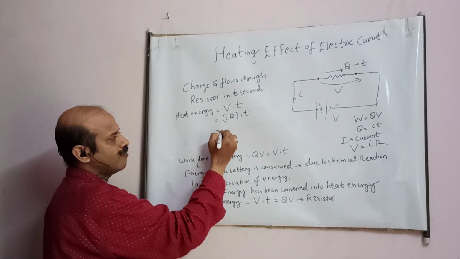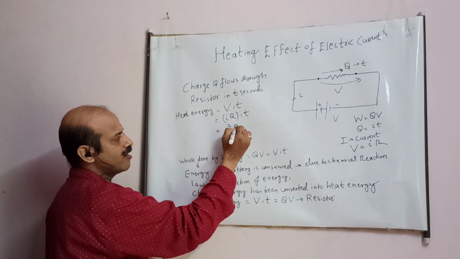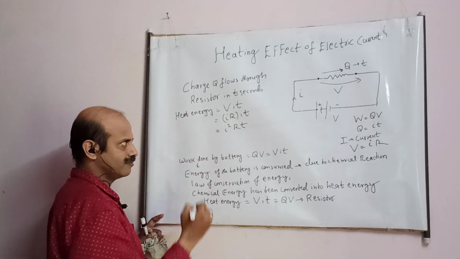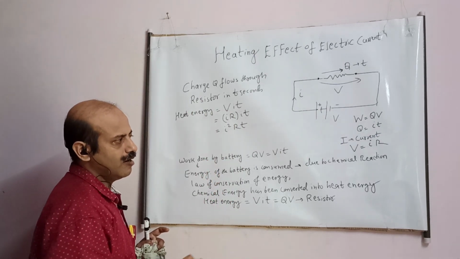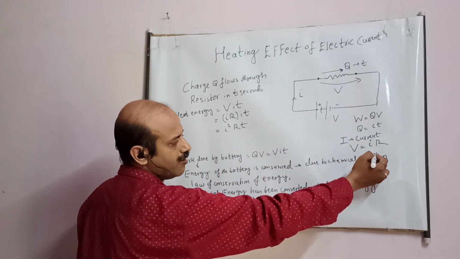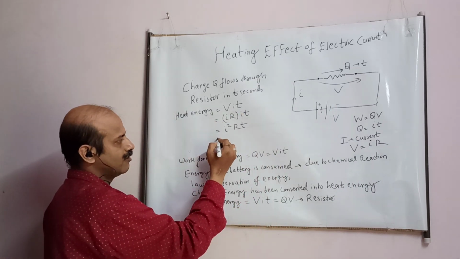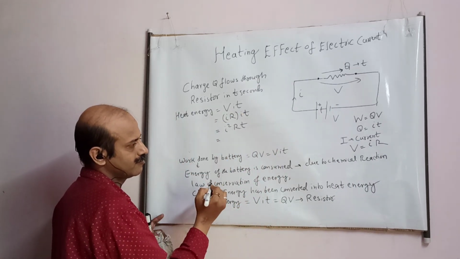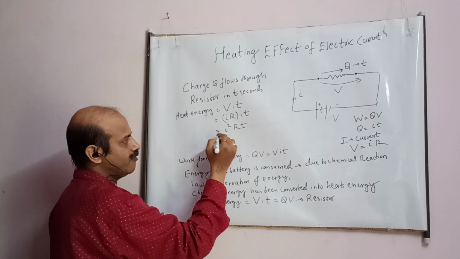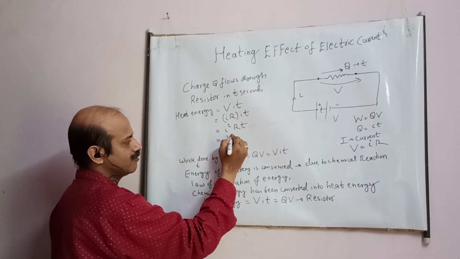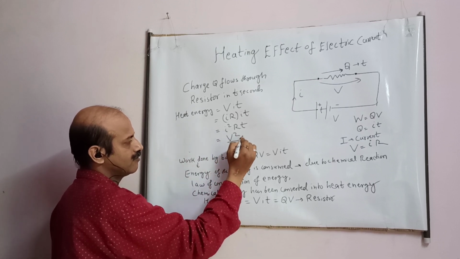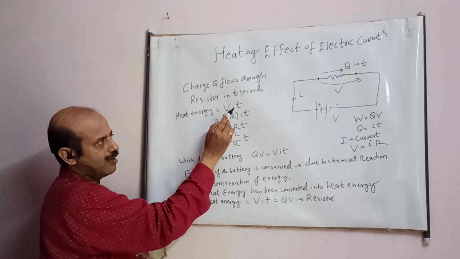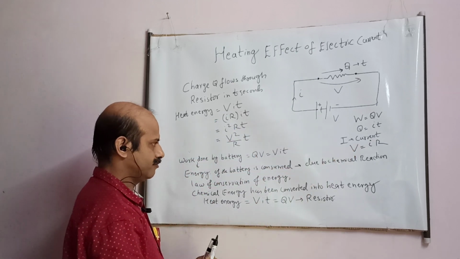Now student, another formula of heat energy is I squared Rt. Now from here student, we get I is equal to V by R. Again I can write another formula here. I have substituted from here.